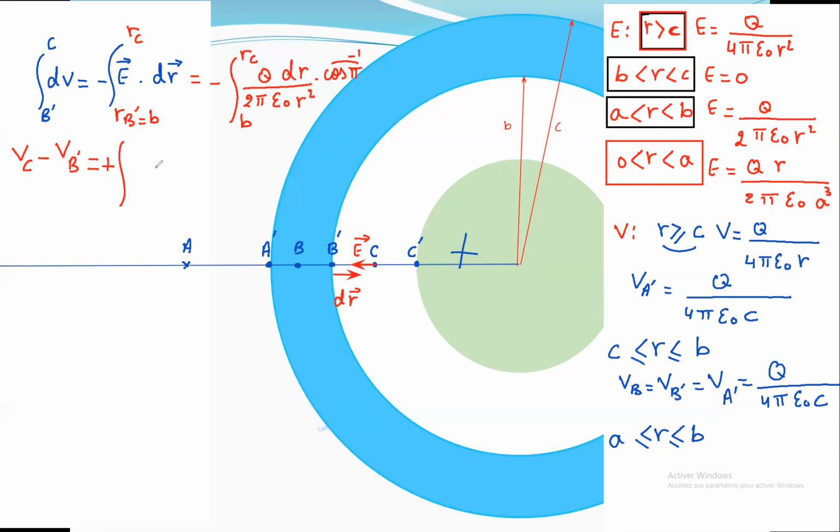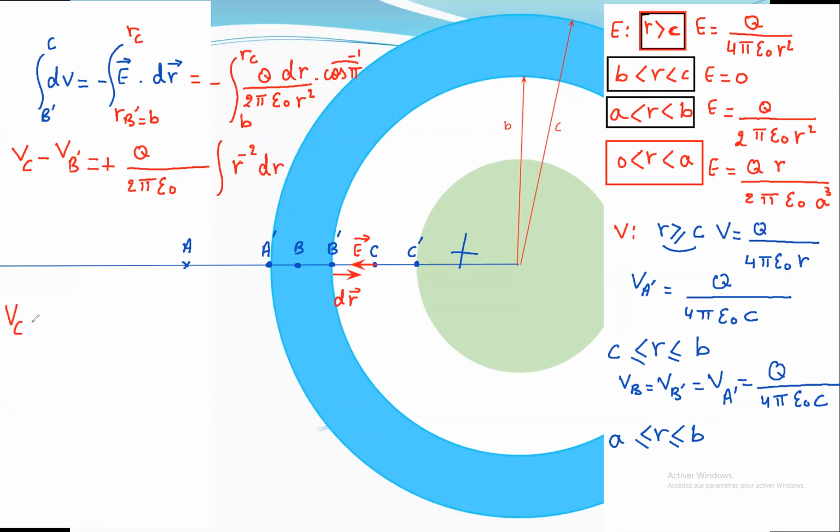Inside, we can take out Q and 2 pi epsilon 0, and inside we have r power minus 2 times dr. Okay.